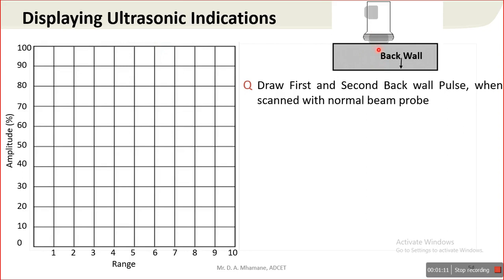Means it is a second echo come from the same entity, or we can say back wall. So echo comes after first echo, this is second echo, and both echoes come from the same entity, that is a back wall. So in this problem they ask, draw first and second back wall pulse when scanned with normal beam probe.